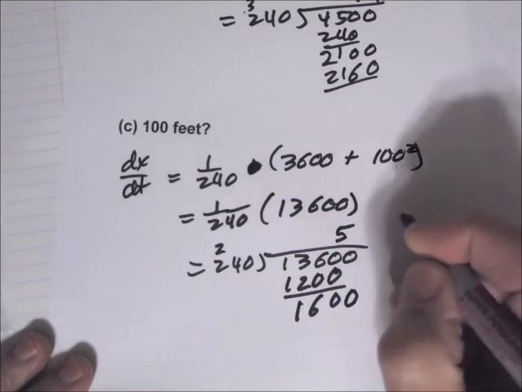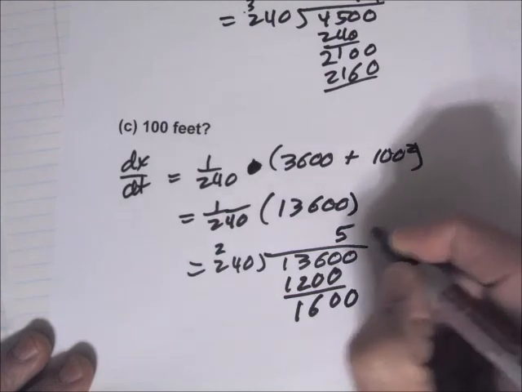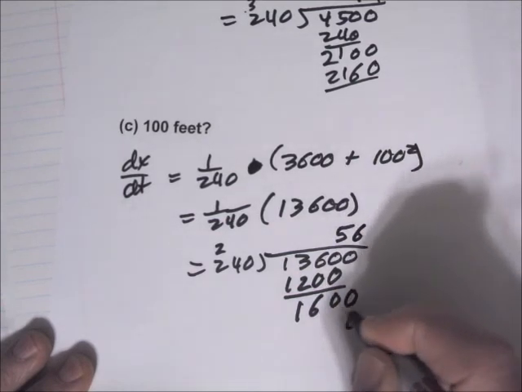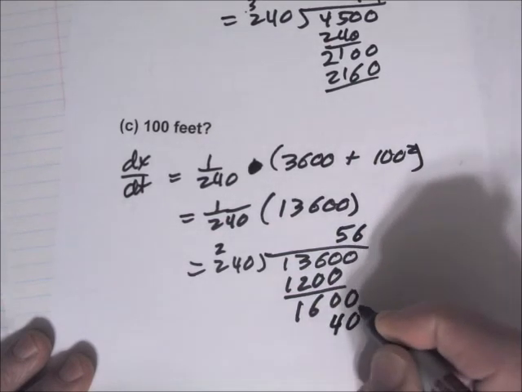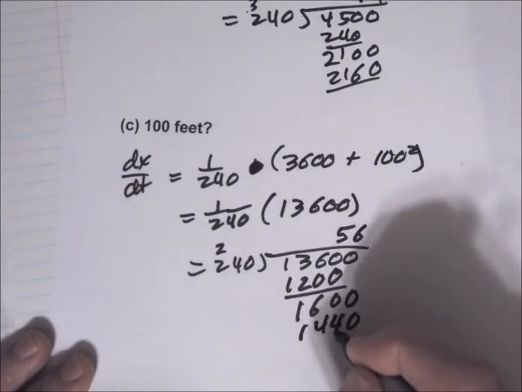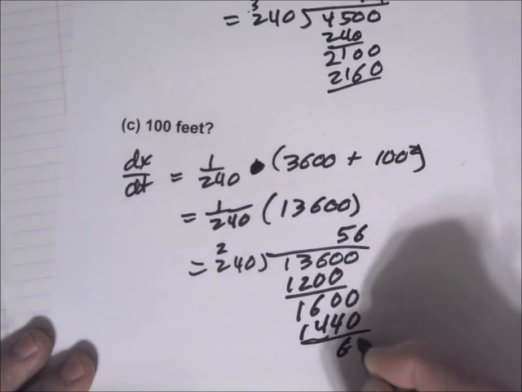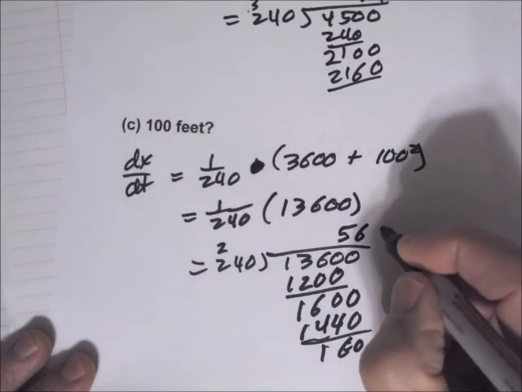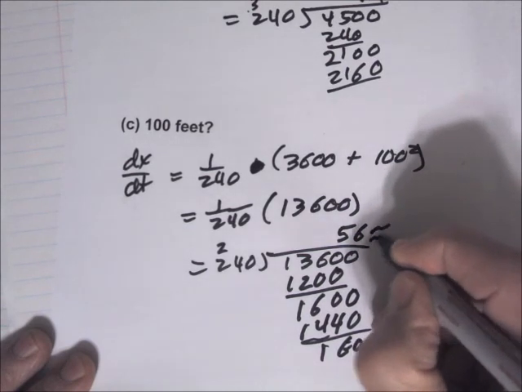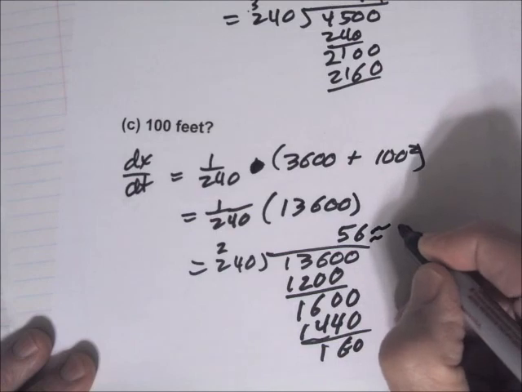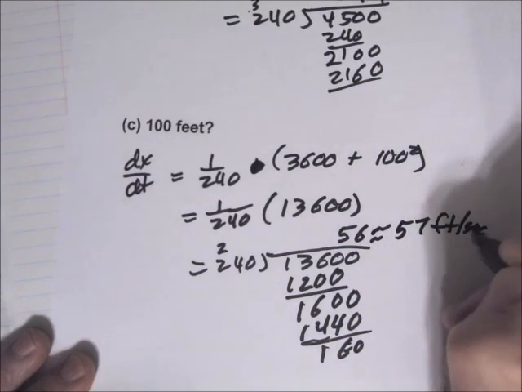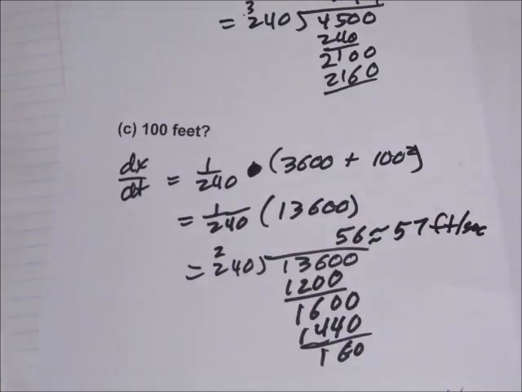So maybe 6 times, 6 times 4 is 24, and so on. So yeah, close to 57. We get repeating 6s, so say approximately 57 feet per second. And that concludes this presentation.